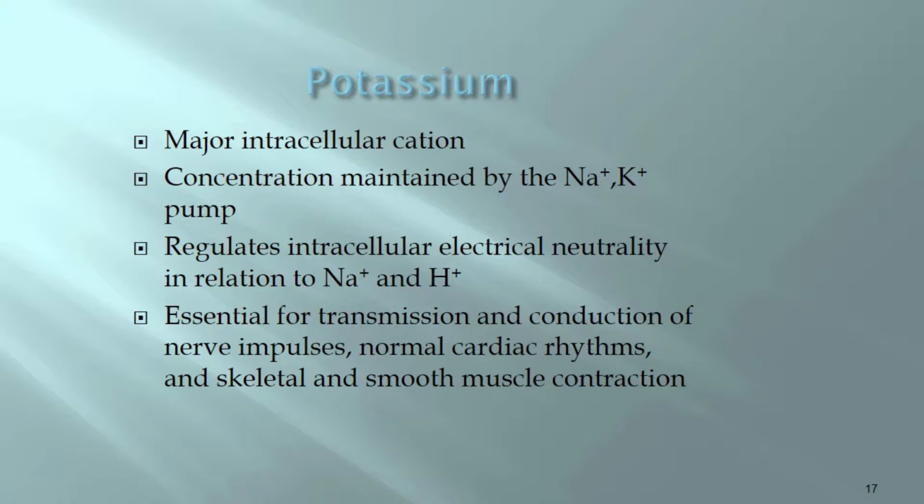That's why it's important to maintain a concentration of potassium in a very small interval. Otherwise, it may result in several profound dysfunctions, and to name the most profound, cardiac arrhythmias and even death.